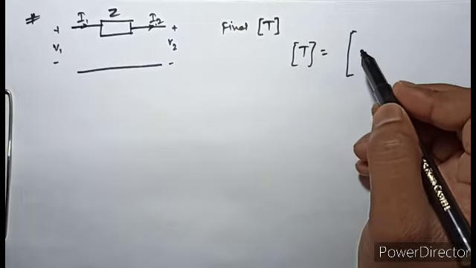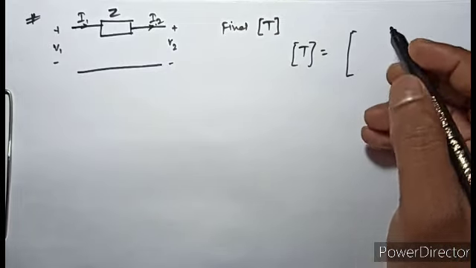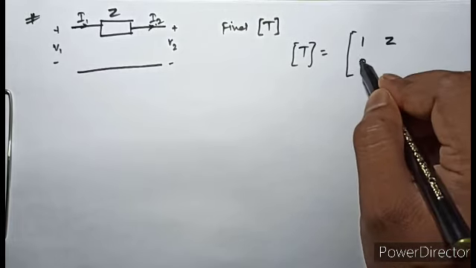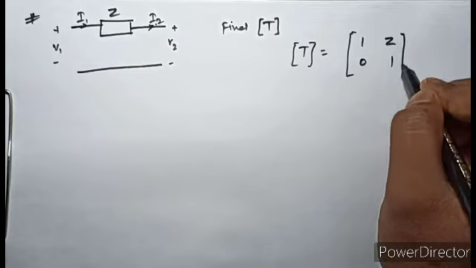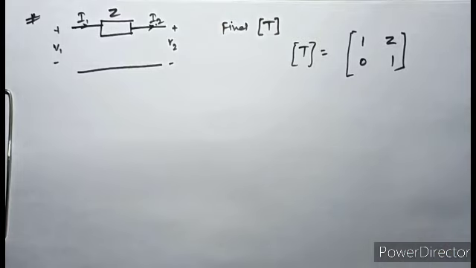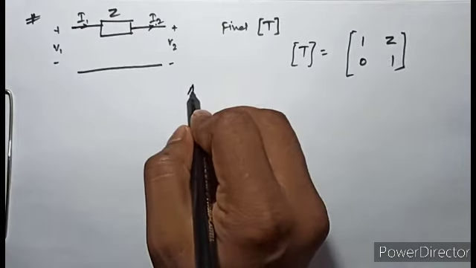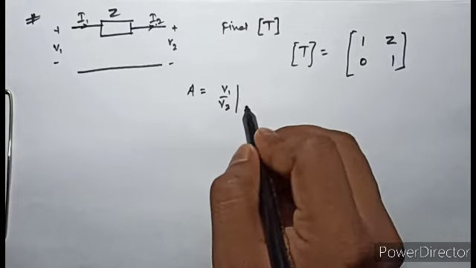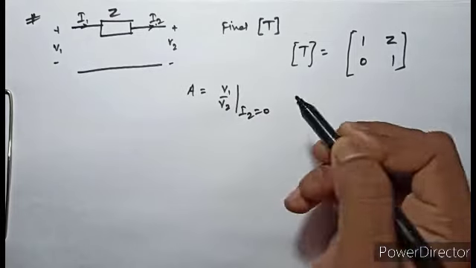Its T parameter will be 1, Z, 0 and 1. How? Recall our A parameter was V1 by V2 when I2 is 0.